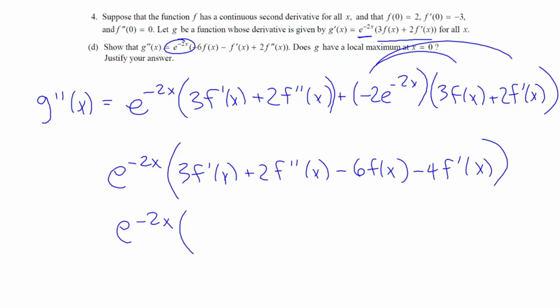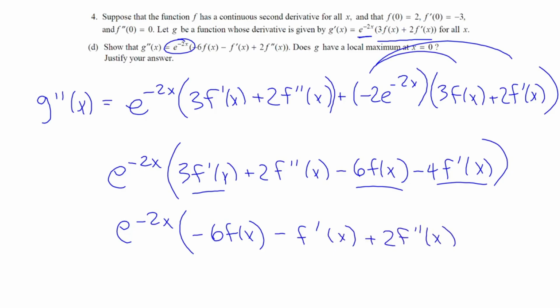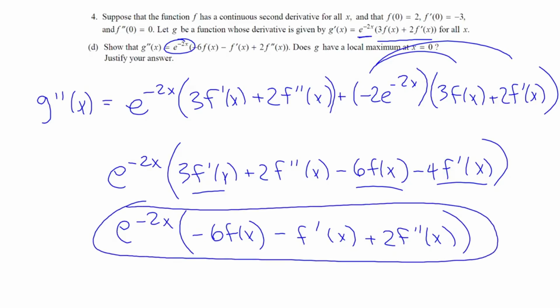And then we've got a -6f of x. We've got 3f prime and -4f prime, which will be -f prime, and then 2f double prime. So that's our verification. That's exactly what they wanted us to show that g double prime was. It's the same as what they got up here.